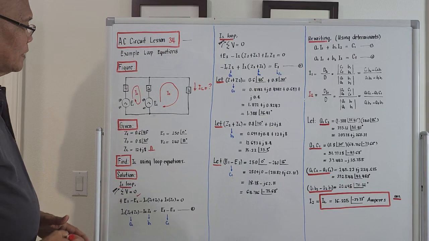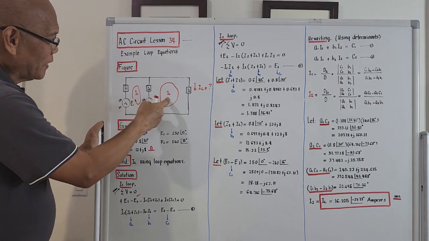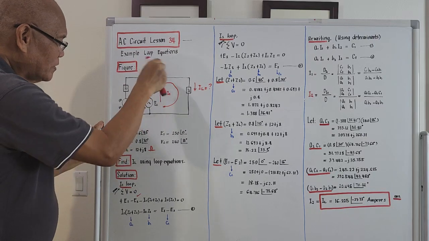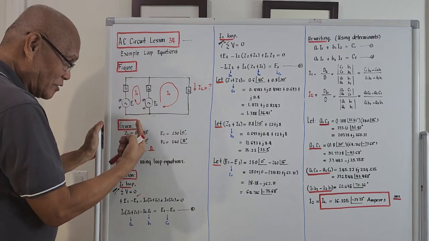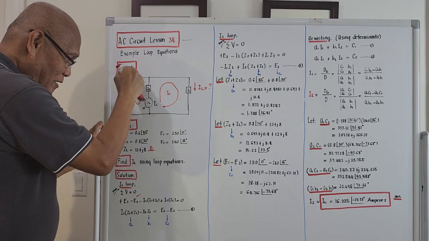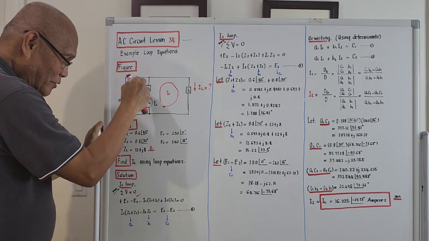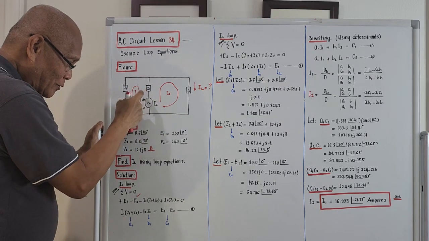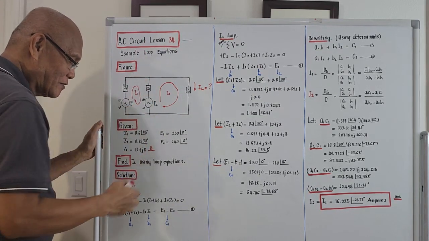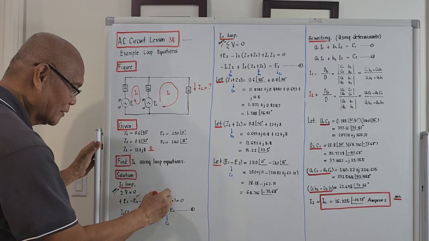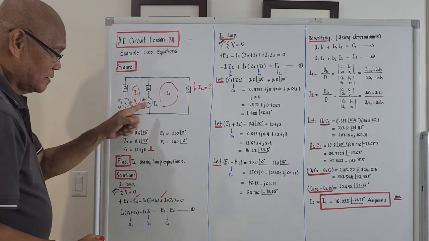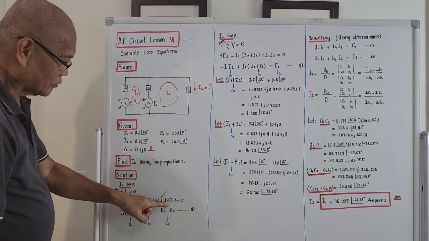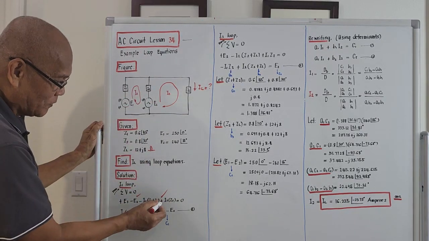How about the effect of I2 considering the I1 loop? It is against, because the clockwise direction for the I1 loop is negative, but the effect of I2 with respect to the I1 loop is against. So this is plus I2. The voltage across this due to I2 will be the product I2 times Z2, but the sign should be plus.